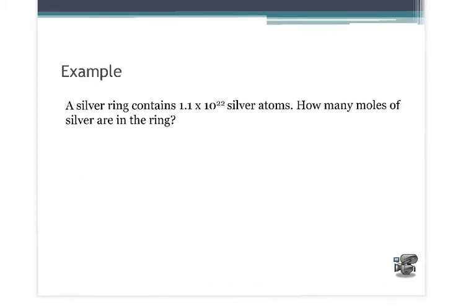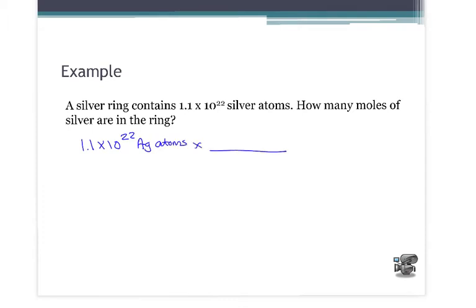Okay, let's do another example. If we have a silver ring that contains 1.1 times 10 to the 22nd silver atoms, how many moles of silver are there in the ring? So we're working the other way around. Again, we always start with what we're given in dimensional analysis. So that's 1.1 times 10 to the 22nd, this time silver atoms.